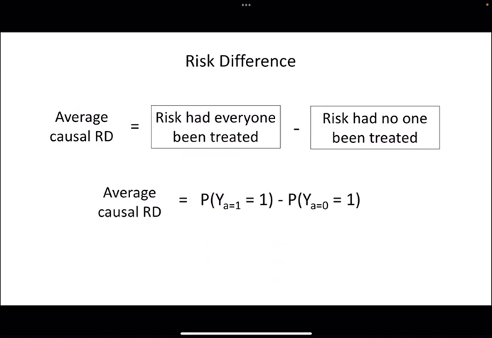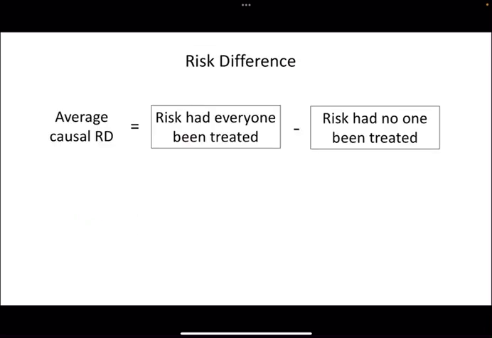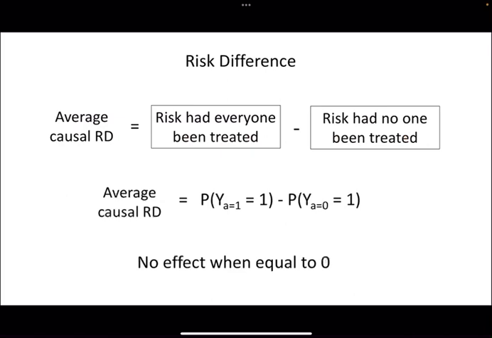Sorry, it's just saying a lot of the same thing. But in this case, before with the causal risk ratio, it's a ratio, so the null value is 1. That would mean there's no effect when the value is 1. But now because it's on an absolute scale, there's no effect when it's equal to 0.